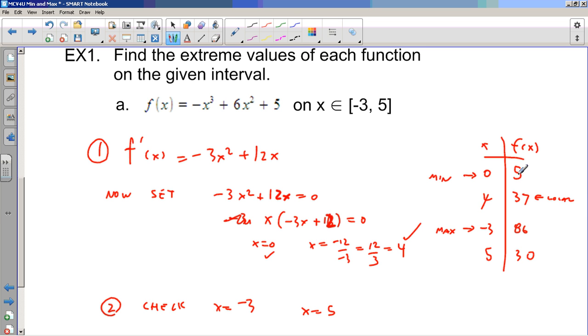Because it was 5, and that went up to 37, and then it goes down. By the time it gets to 5, it's down to 30. This is a local maximum. And this one would be a local minimum, because it was at 37, and by 5 it went down to 30. We chopped off the function there.